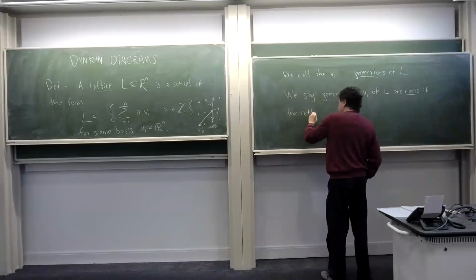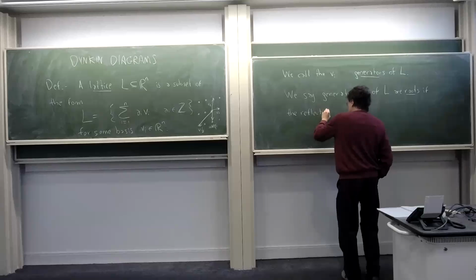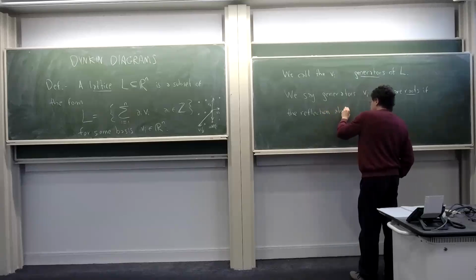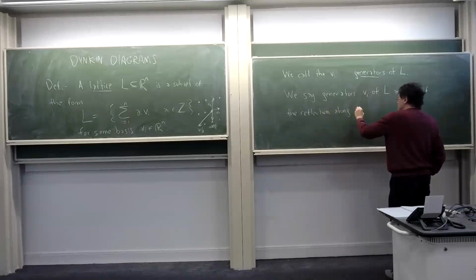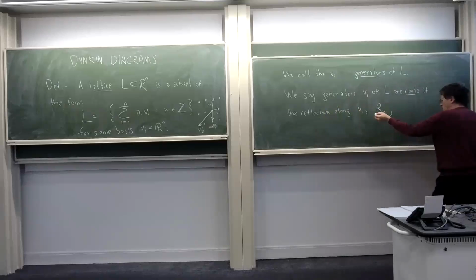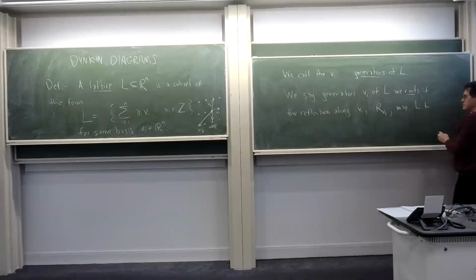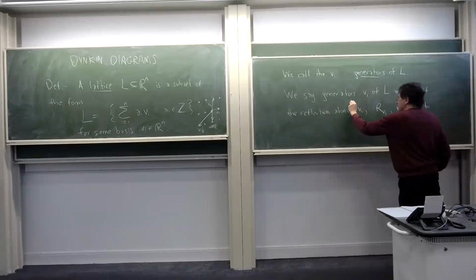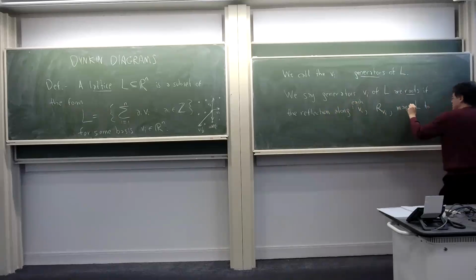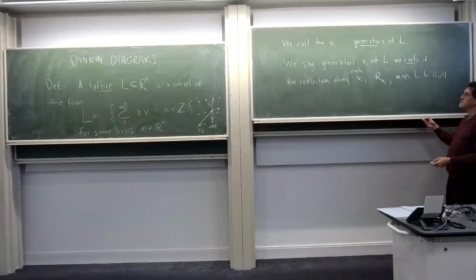So remember last time I introduced this notation of a linear transformation that reflects along Vi, R_Vi, and we want it to map L to itself for each. I'll give you lots and lots of examples.